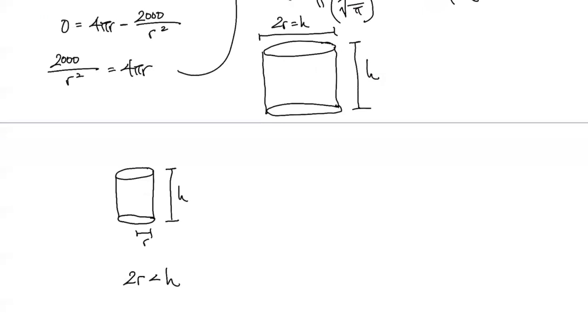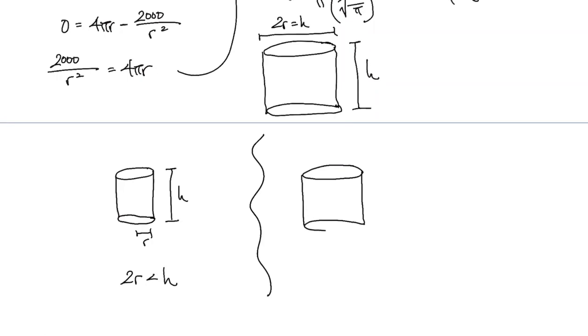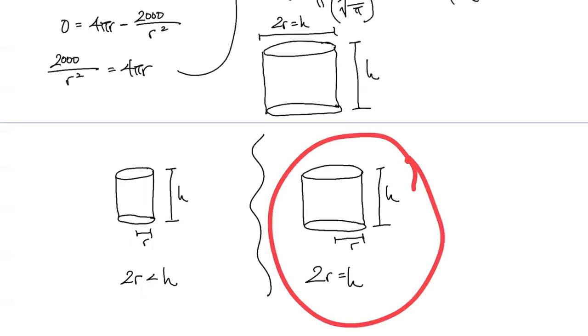That is a regular can, okay? If you keep walking in this aisle of canned adult beverages, you will encounter a particular brand where you have the radius, you have the height, and twice the radius actually equals the height, all right? This can is not common.